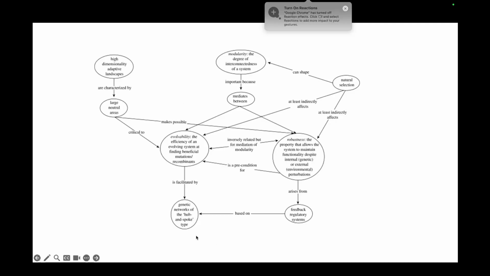Right. So this is the whole system, how the system looks in terms of modularity, how it is contributing to evolvability and robustness, and how evolvability is a function of high dimensionality adaptive landscapes. And natural selection is presiding over everyone in terms of regulation.